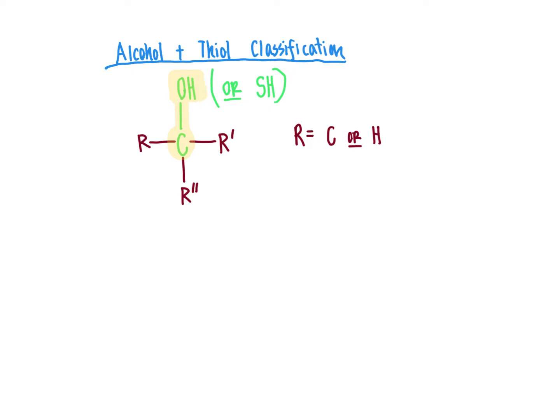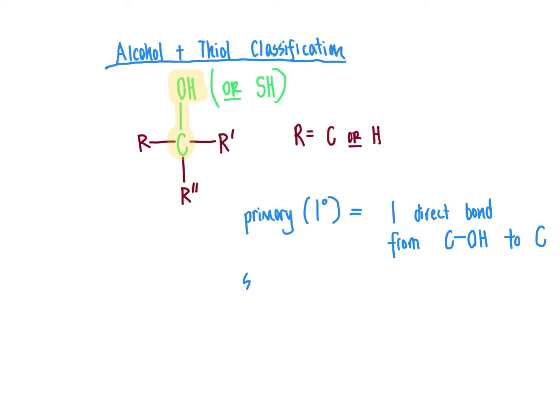We count how many of those R groups, R prime and R double prime, are carbon atoms that are directly connected. And the definition here of primary versus secondary versus tertiary is: primary, which we will abbreviate with a 1 prime symbol, refers to there being one direct bond from the carbon that is bonded to the OH or the SH to another carbon.